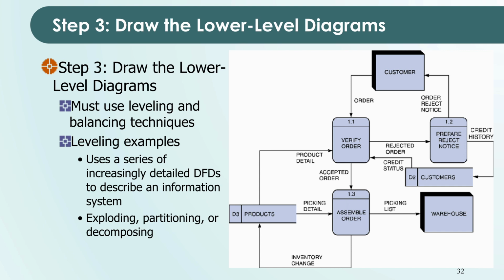Leveling is the process of drawing a series of increasingly detailed diagrams. For example, if you have a verify order here, 1.1 is verify order. If there is a sub process of verifying order, for example, in verifying order you need to calculate something in order to verify the order, then you have to draw another detailed diagram of that calculation process.